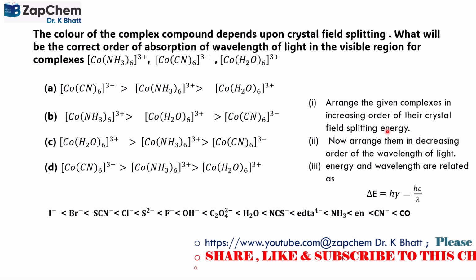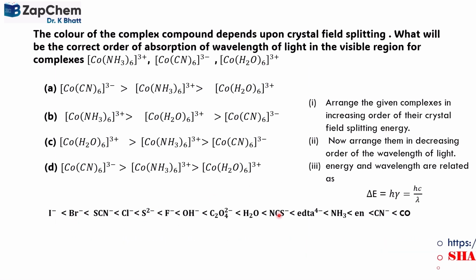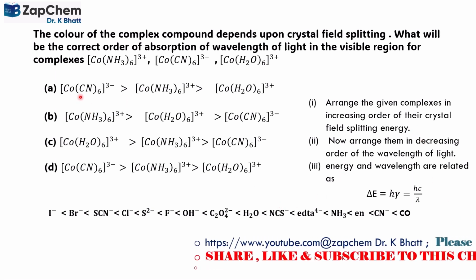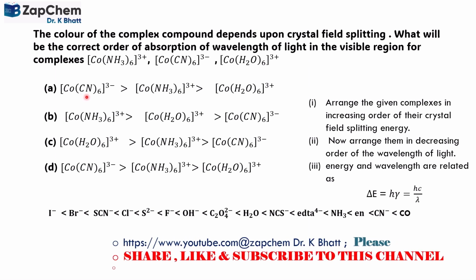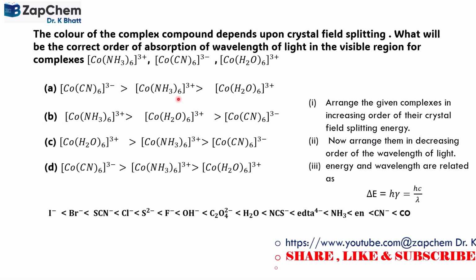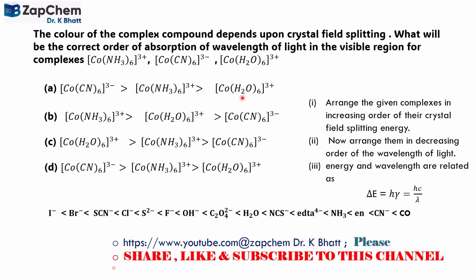We have to recall the increasing order of the crystal field energy as shown here, and make out the position of CN negative, cyanide, also NH3 and H2O.